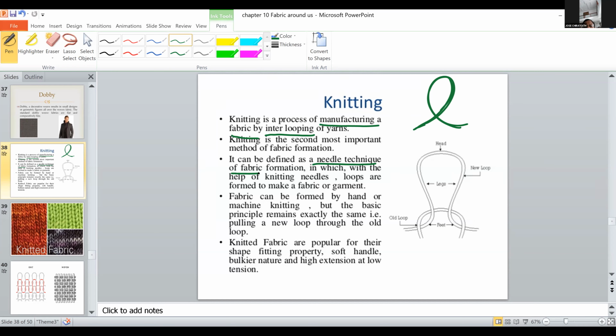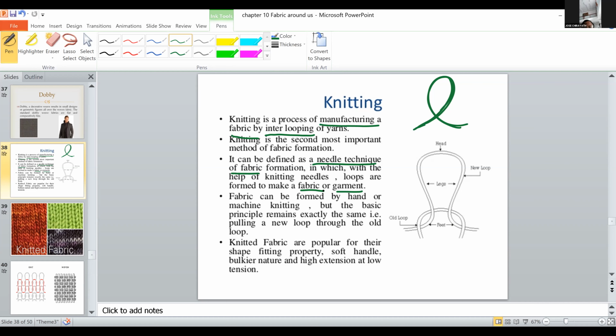That is called knitting, for making a garment or a fabric. It's a little difficult compared with weaving. That's why it is sometimes more expensive. The knitted fabrics have the ability to extend. The elasticity is there in knitted fabrics.